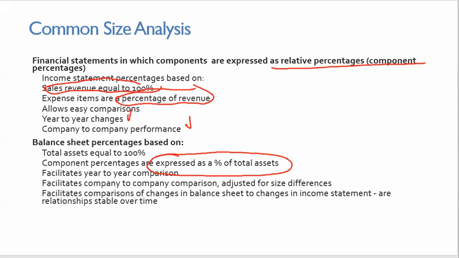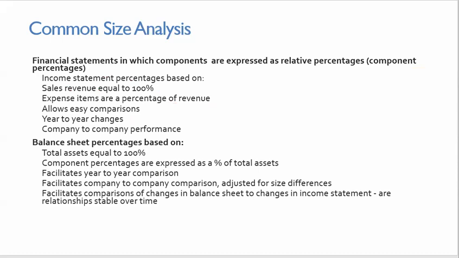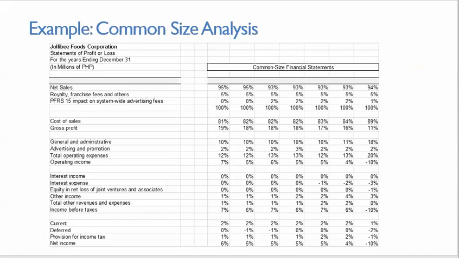So let's look at the common size analysis for Jollibee. This is the balance sheet and the income statement. Here, this is total sales, so all items were expressed as a percentage of total sales.